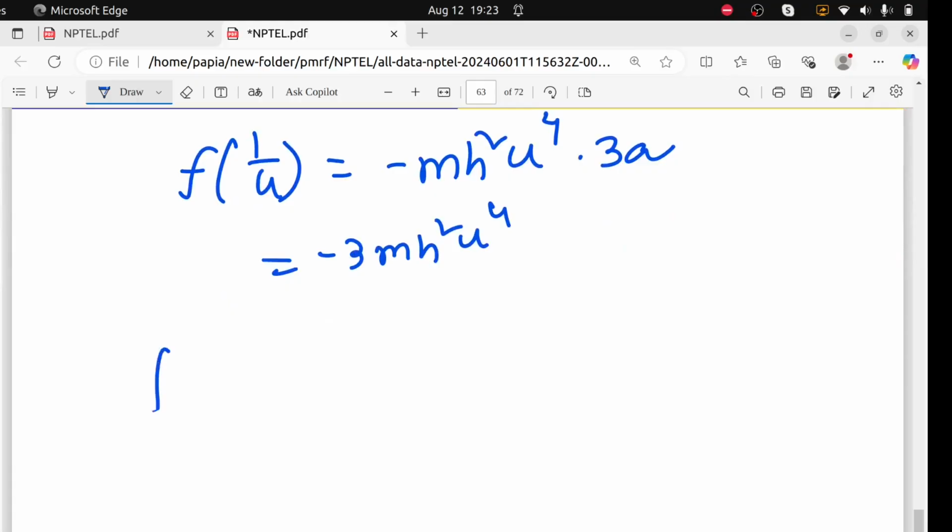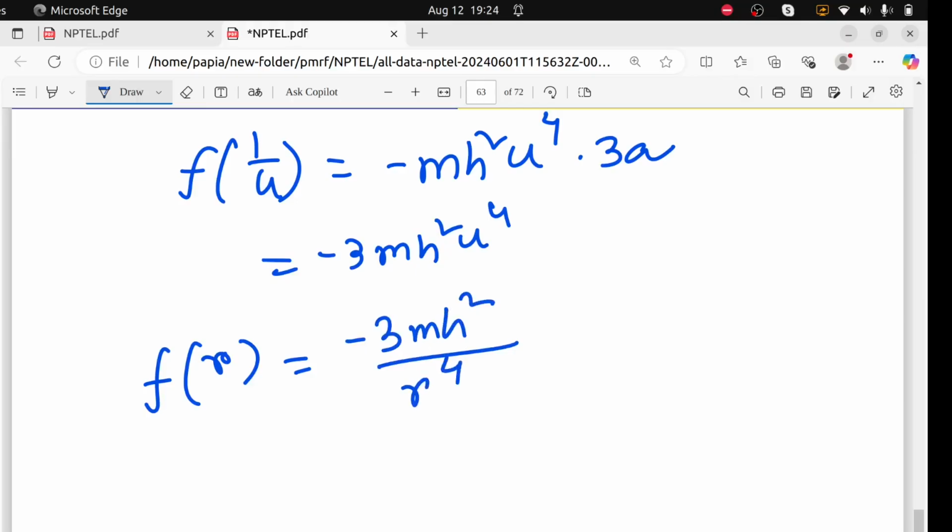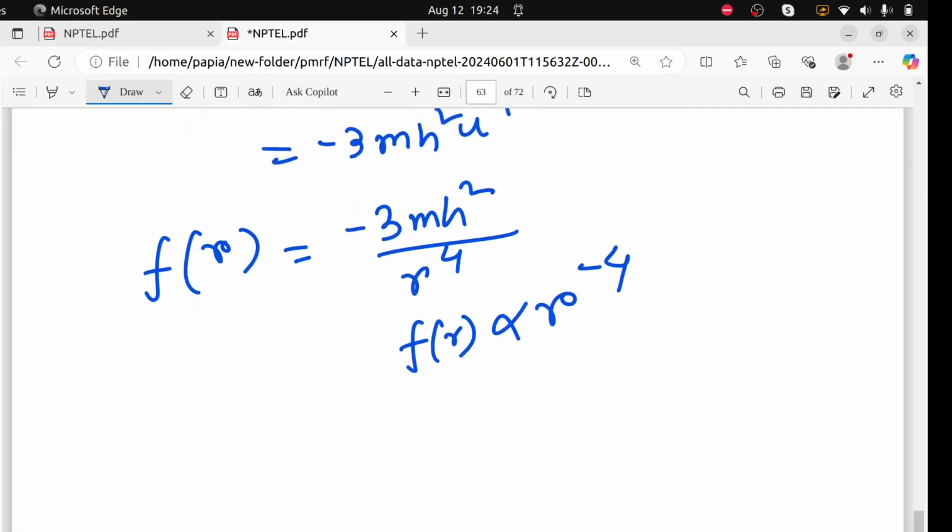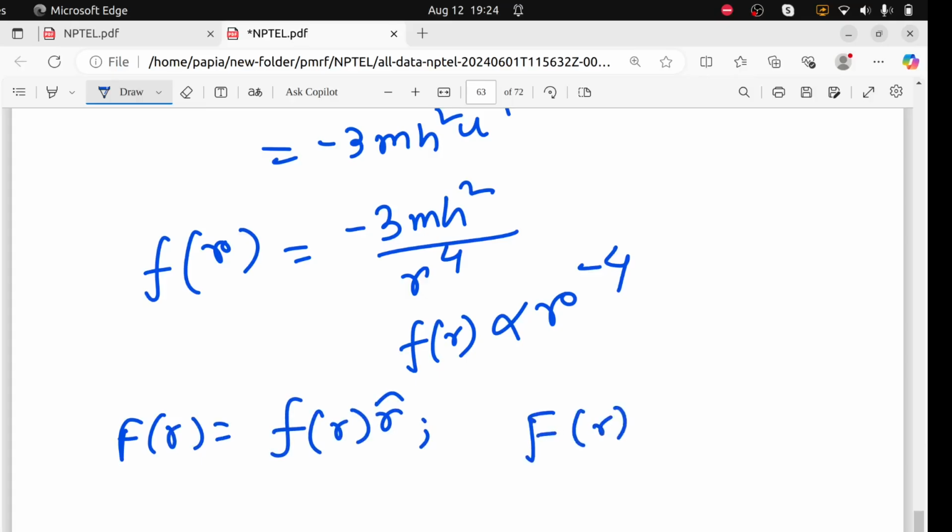So it will be f of r equals 3m a square by r to the power 4. So our f of r is proportional to r to the power minus 4. And as our force is simply f r r cap, so our force is also proportional to r to the power minus 4.